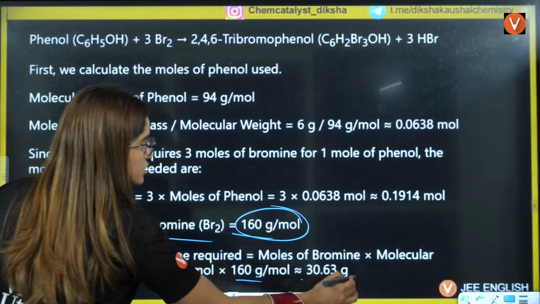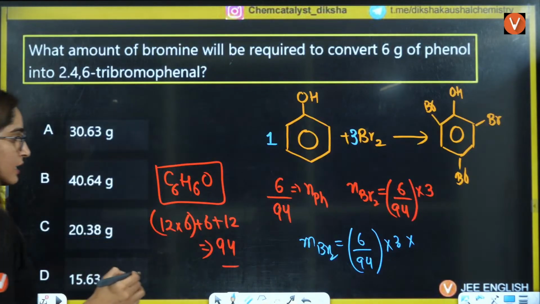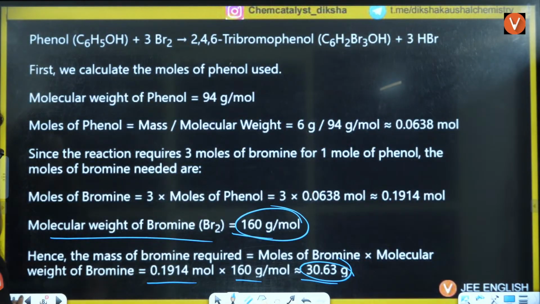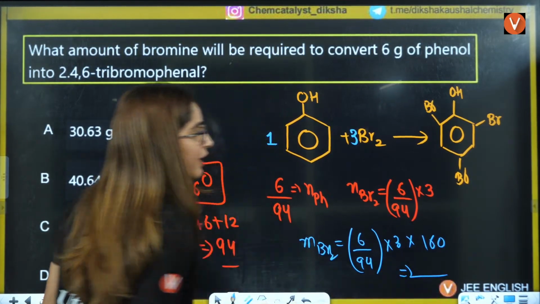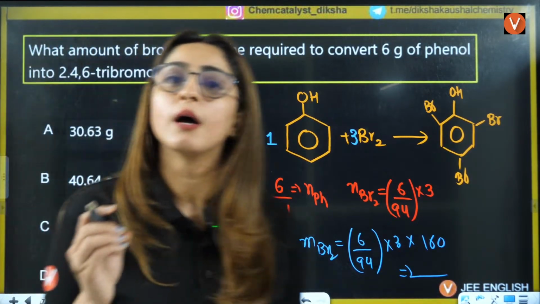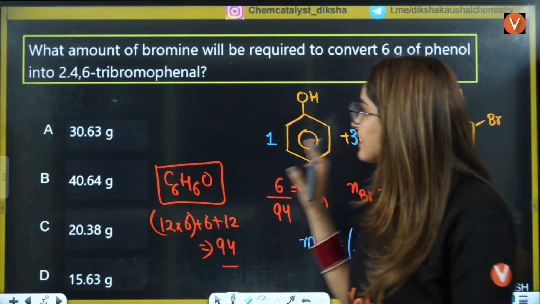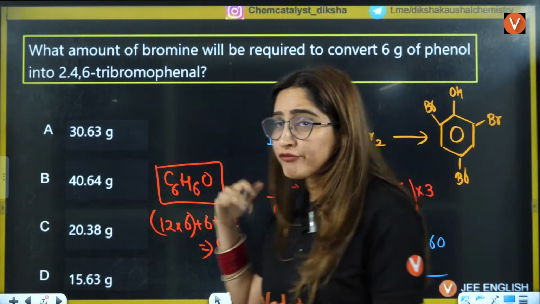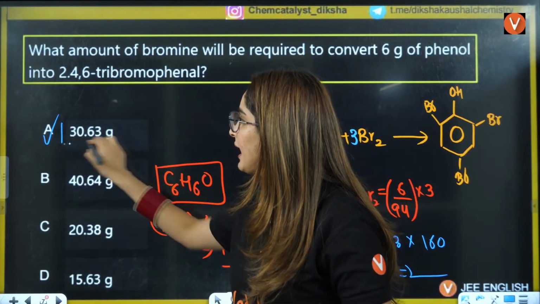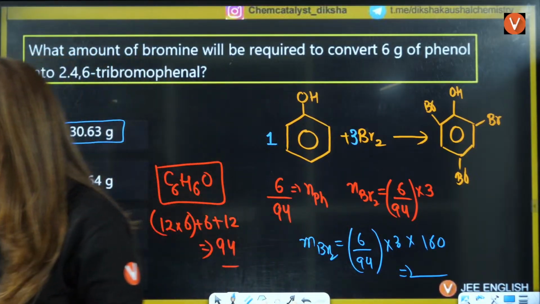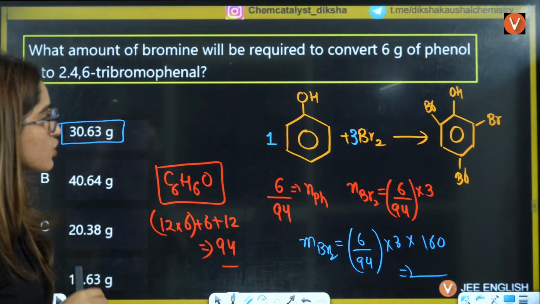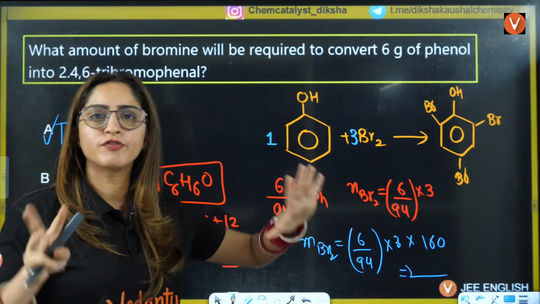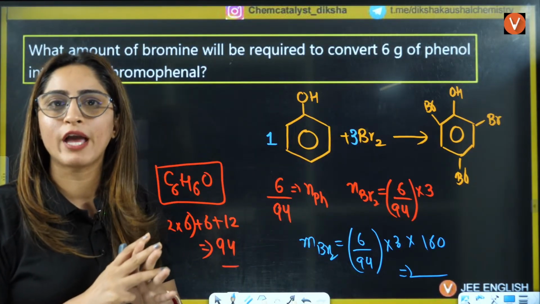This multiplied by this, you get 30.63, and that will be your final answer. That is the amount of Br2 required in this reaction. After solving, A is coming out as the correct answer. You can solve it yourself as well. So this is a mixture of organic and physical, a simple mole concept we have applied here.